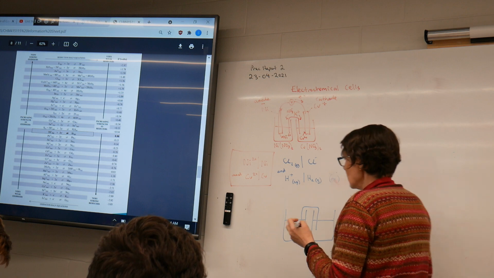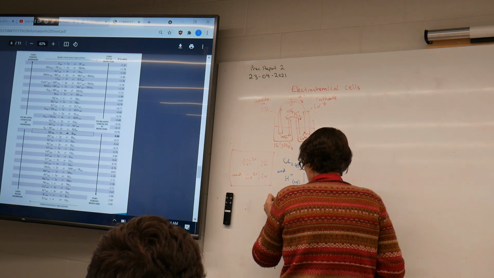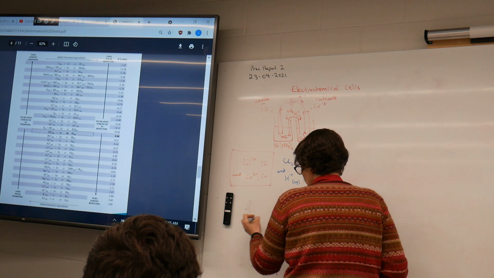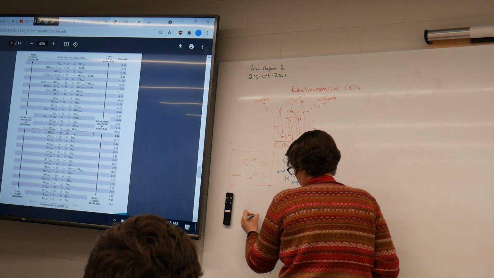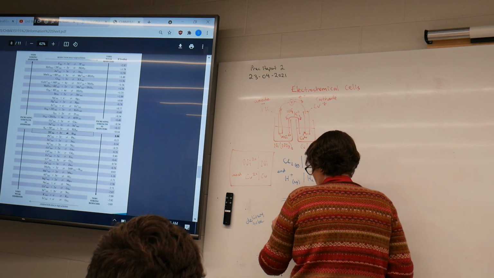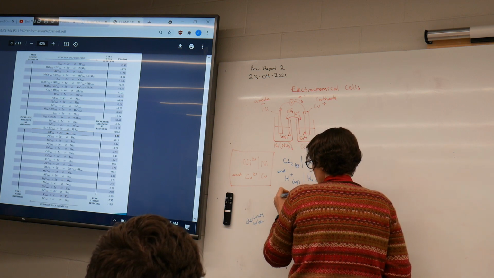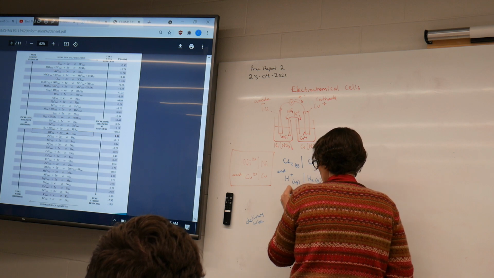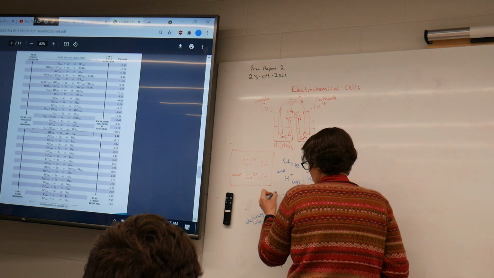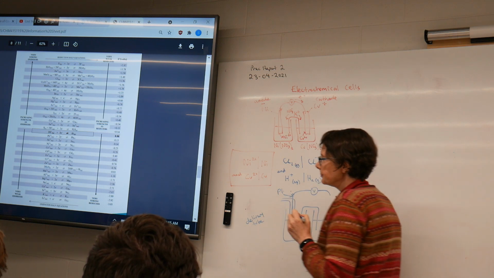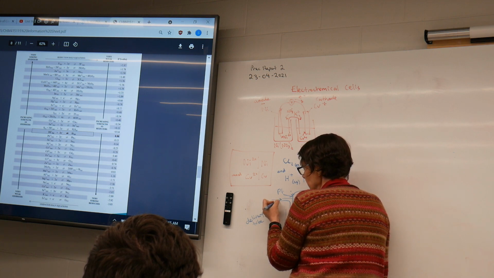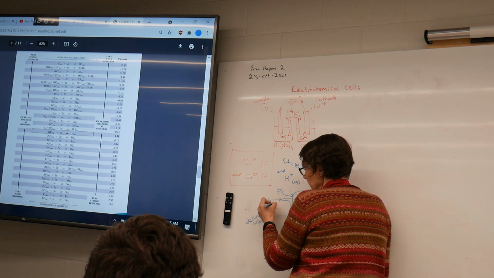So I'm going to need a delivery tube over the top of an inert electrode. Okay, so this might be a platinum electrode. And I'm going to deliver hydrogen gas.